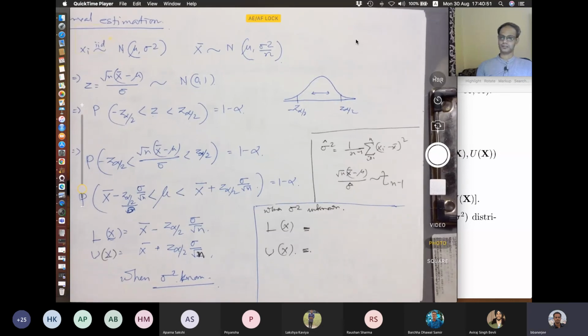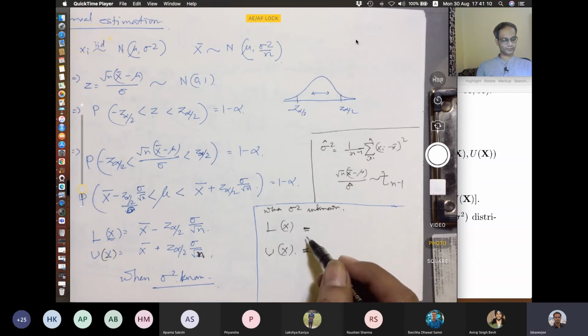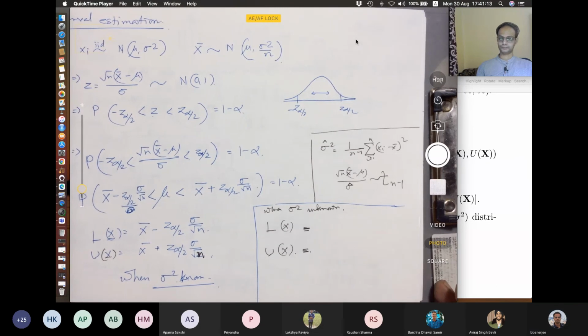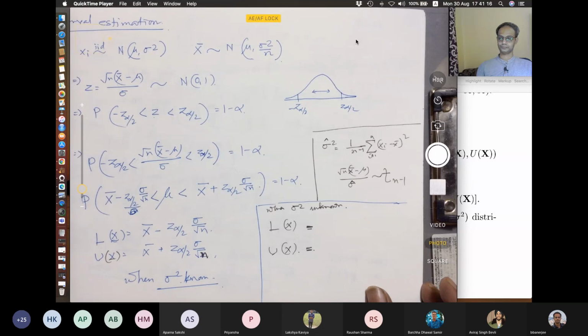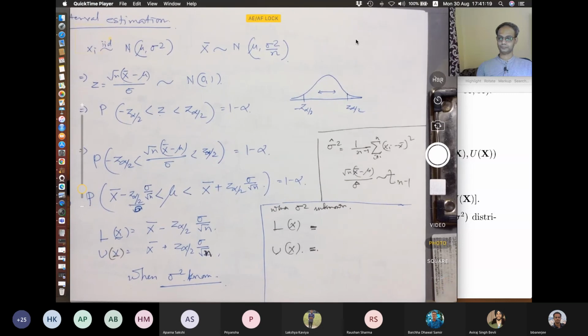Or please give me the answer. What will be the lower bound? This kind of question will come in the exam.